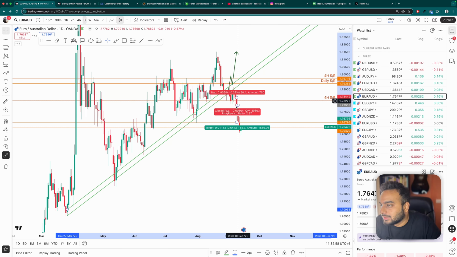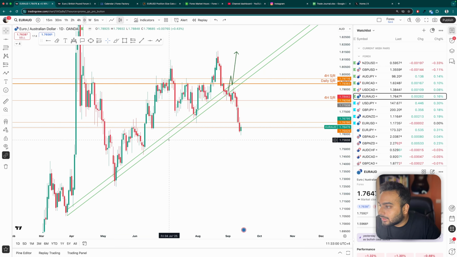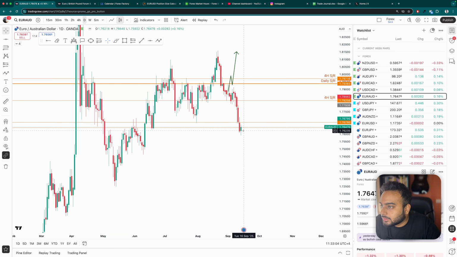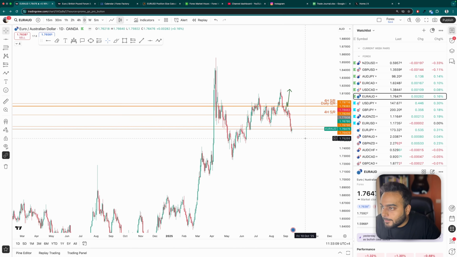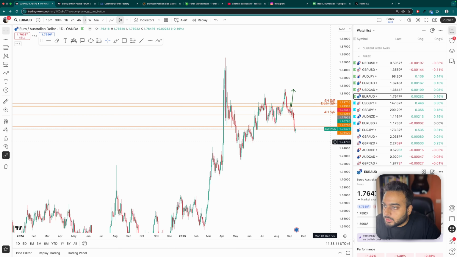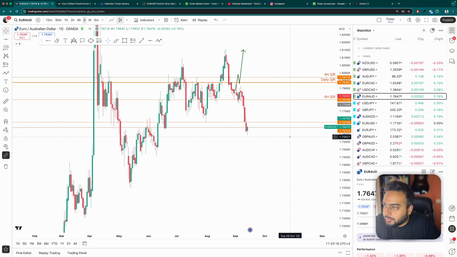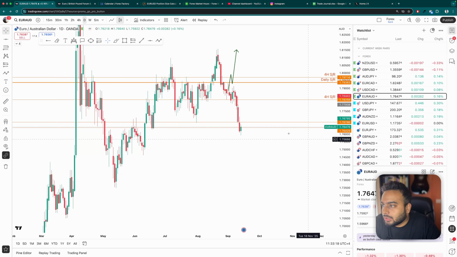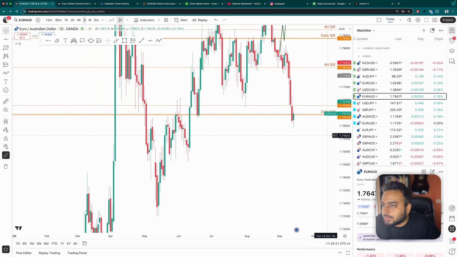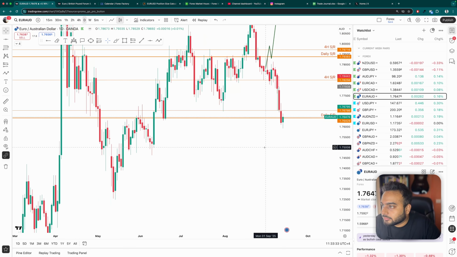So the retest is here, and let's remove these lines now. They're no more required at all. Cool. I see a small breakout right here, but we don't know if it's a real breakout or not. This is a daily support, and I like this price action for Euro AUD. It's really nice. I think this is going to be a top pair for me this week.